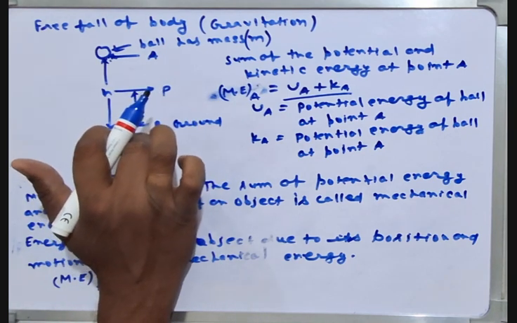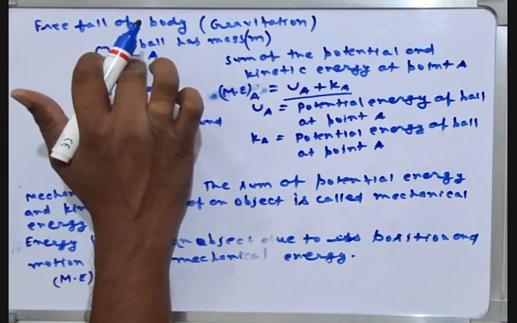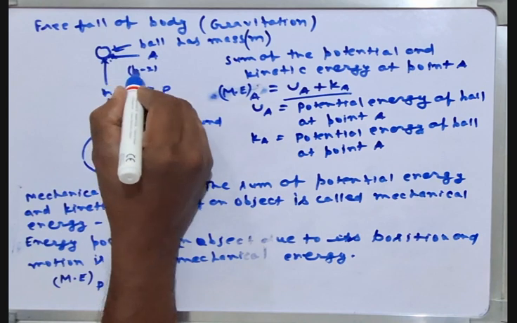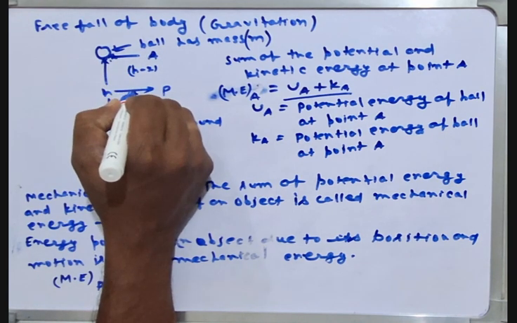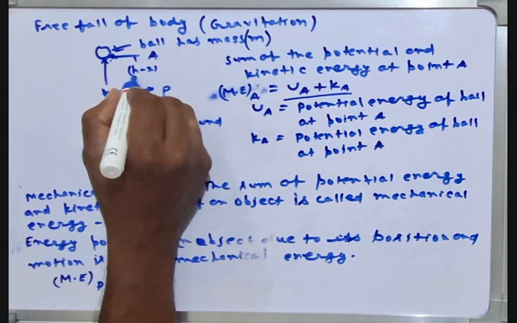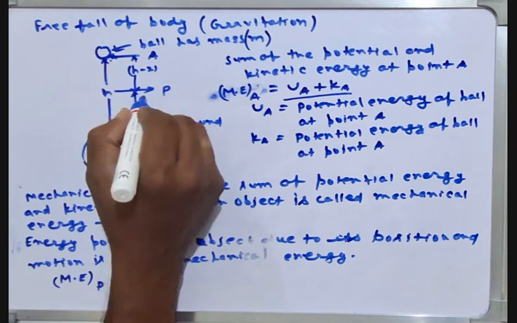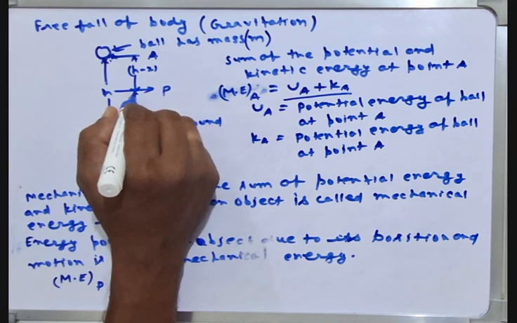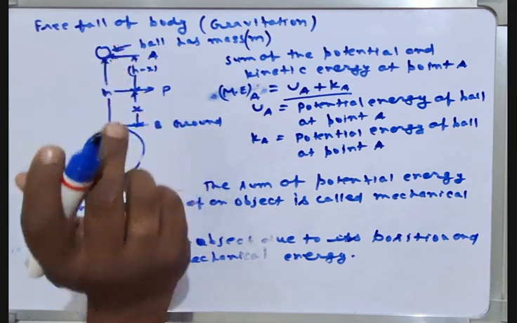So when the ball travels h minus x distance from here to here, it reaches point P, or this point P is at x distance vertically from the ground.